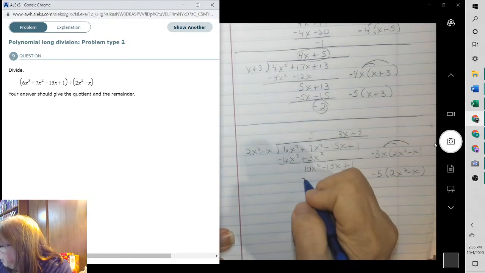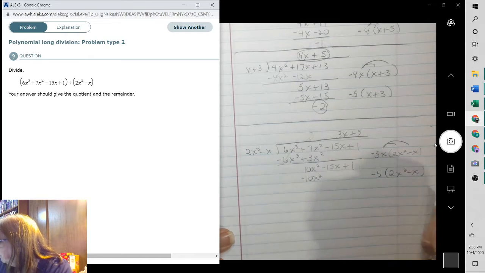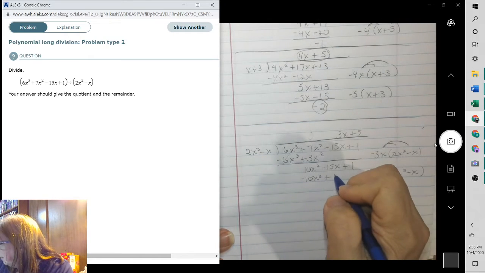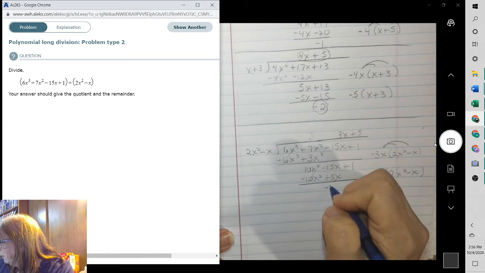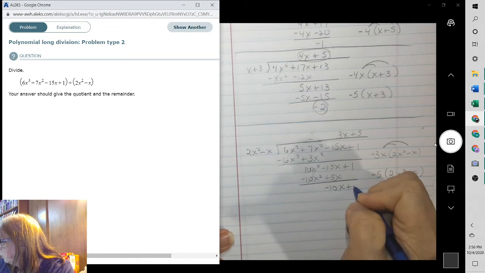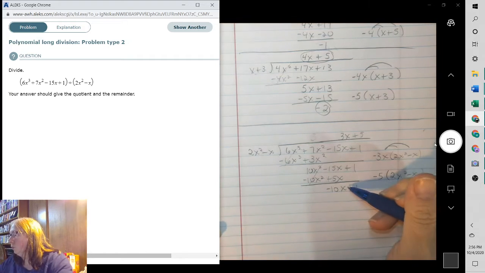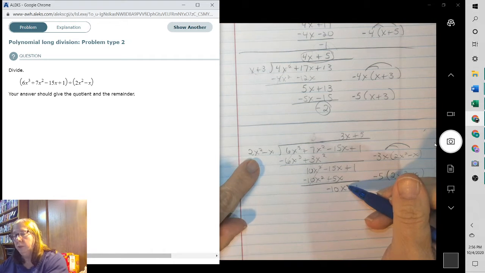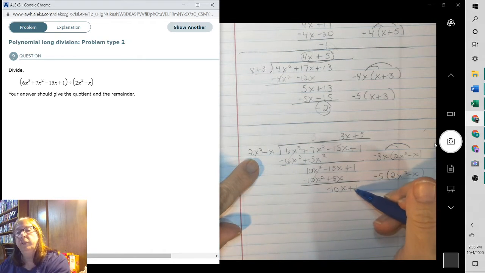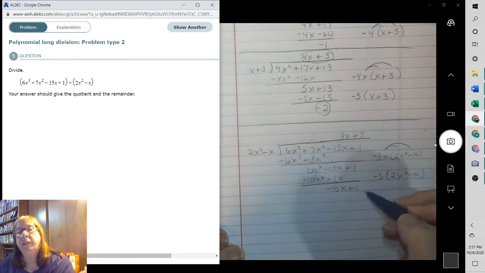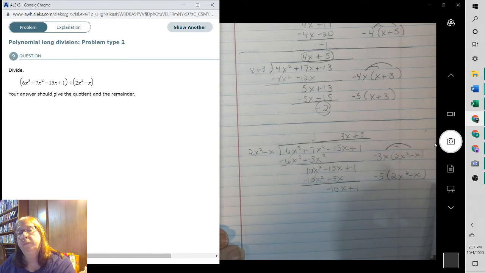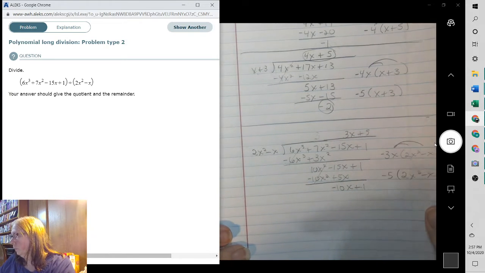So I have a negative 10x squared plus 5x. These cancel and leave a negative 10x plus 1. This degree is 1. This one's 2. You cannot go any further. This is your remainder. So our answer is 3x plus 5 with a remainder of negative 10x plus 1. Let's try one more.